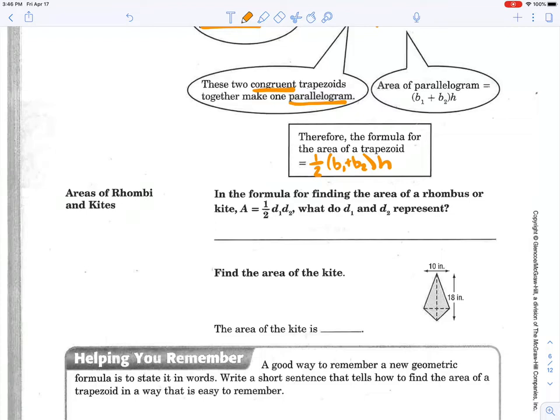Kites and rhombi are next. In the formula for finding the area of a rhombus or a kite, your area is going to equal 1/2 d1 times d2. Reading section 2, you'll see that d1 and d2 represent the diagonals.